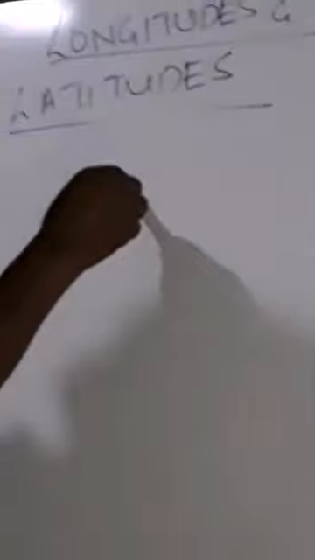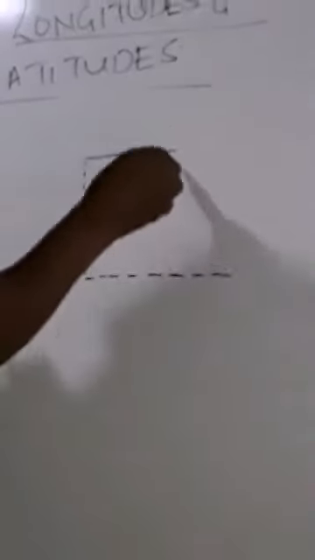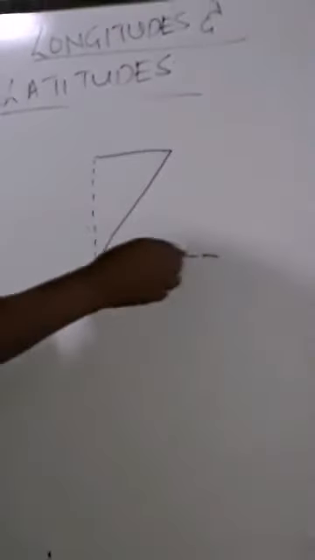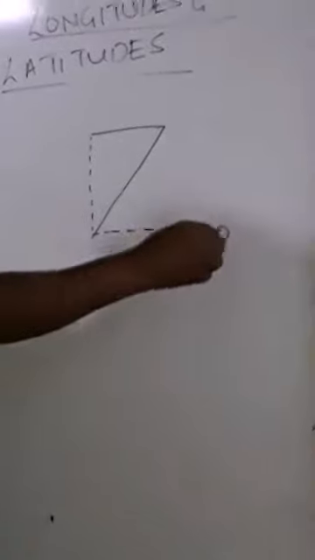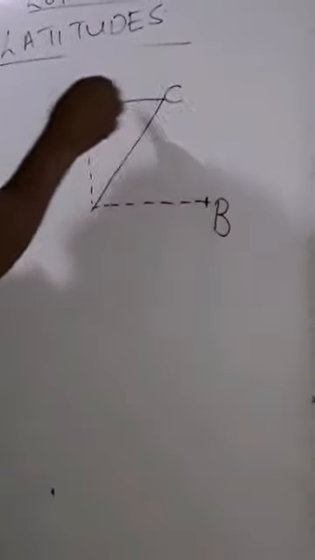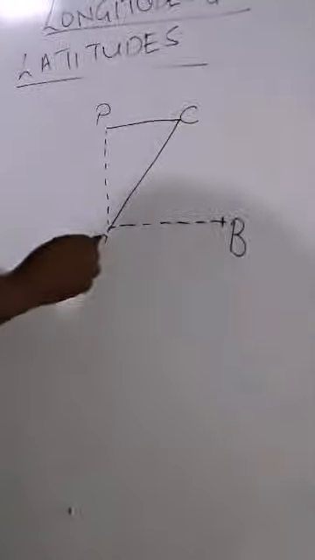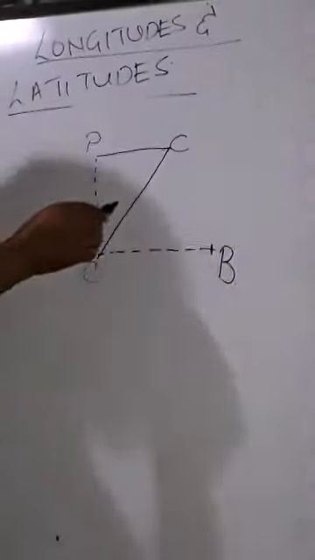We extract the triangle. So this is B, this is C, this is P, and this is O. Because this is a distance from the center of a sphere to the surface, it is a radius of the sphere.